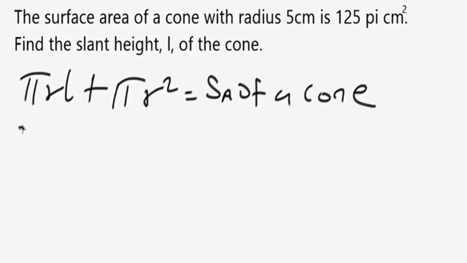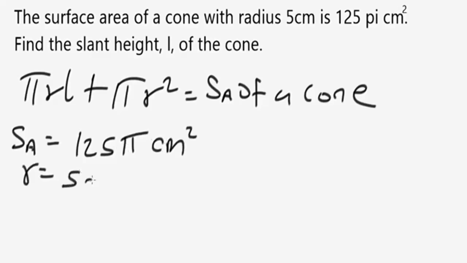Now we have the surface area, SA, of a cone to be 125 pi cm squared, and we have the radius to be 5 cm, and we're looking for the slant height L. All you have to do is plug these values into the formula and make L the subject.